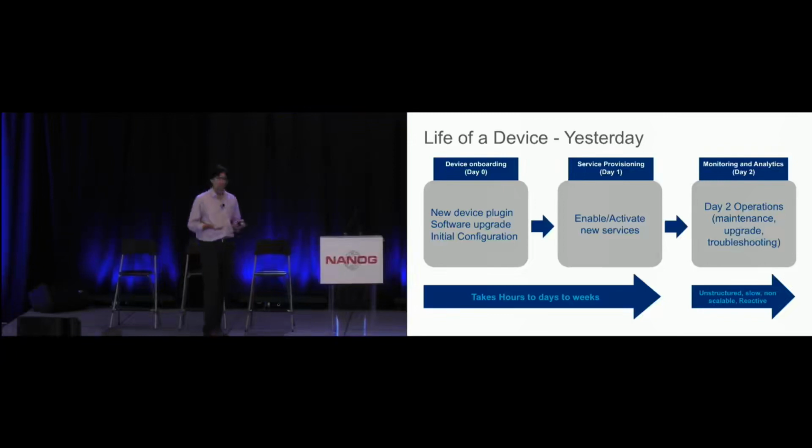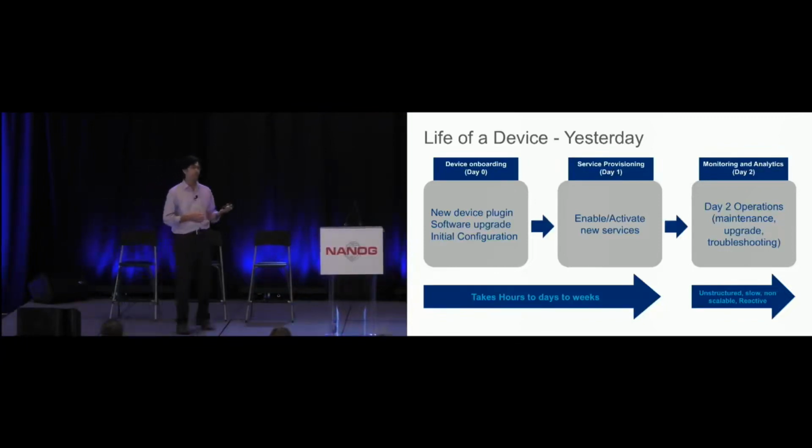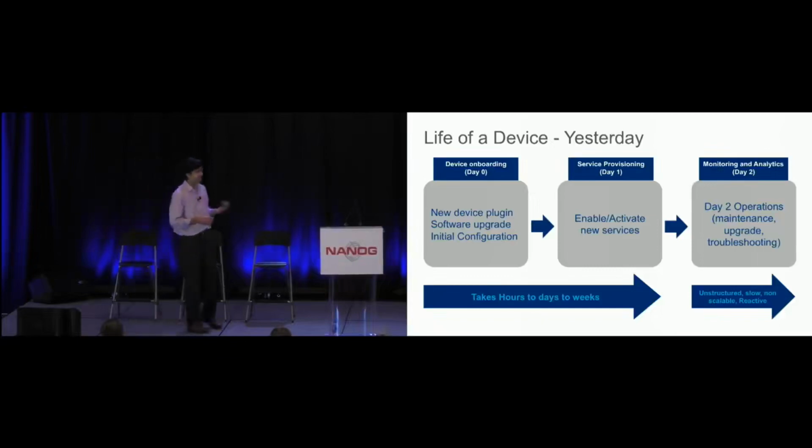One is the day zero operation that includes layer 1 connectivity, includes the software upgrade and downgrade, and provides the day zero configuration so that you can connect to your controllers and NMS systems, and the NMS systems activate your services, and it will help you increase your business revenue. And then finally is the ongoing maintenance.